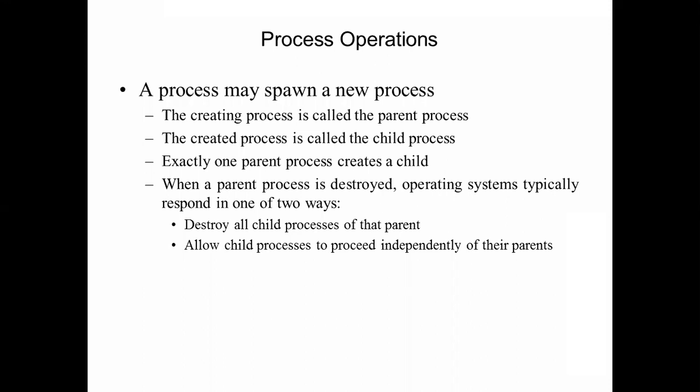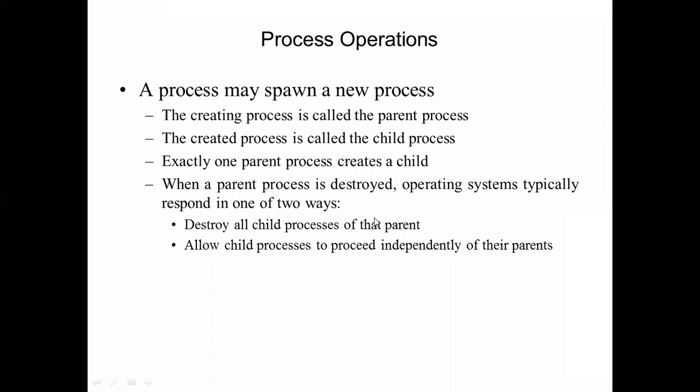Suppose a process is running and you create another process; that is called the child process. Now, when a parent process is destroyed, the operating system typically responds in one of two ways.